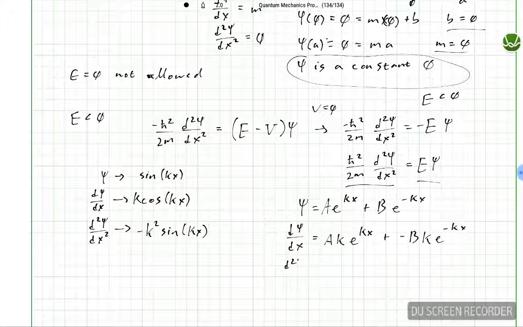But then when we take our second derivative, we get the same sign that we started with. The exponential increase is a little more obvious. Then we get negative bk times negative k. So then we get the positive out there again.